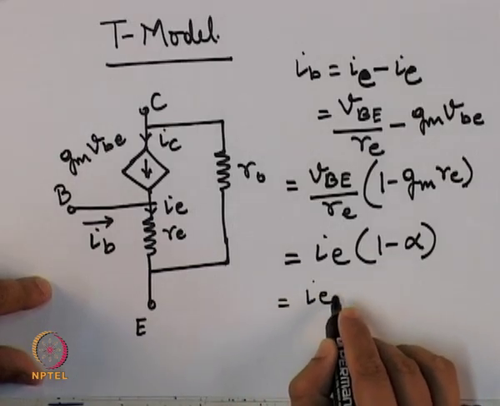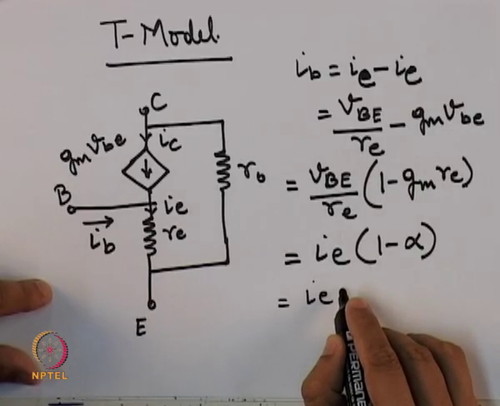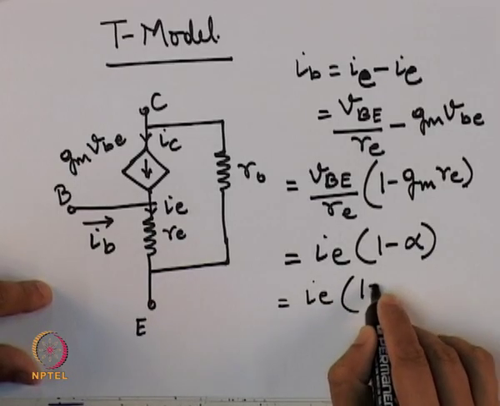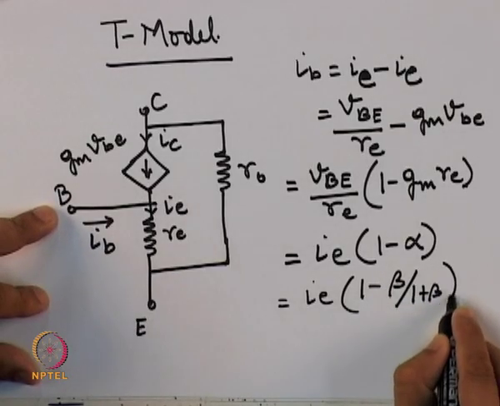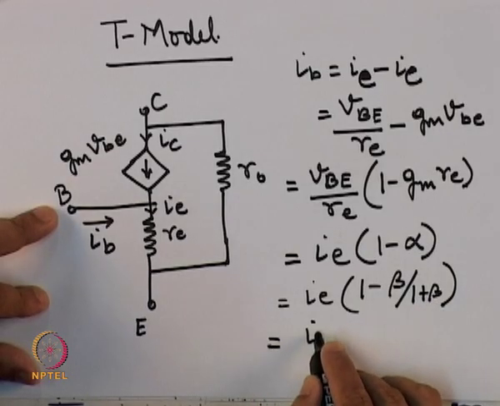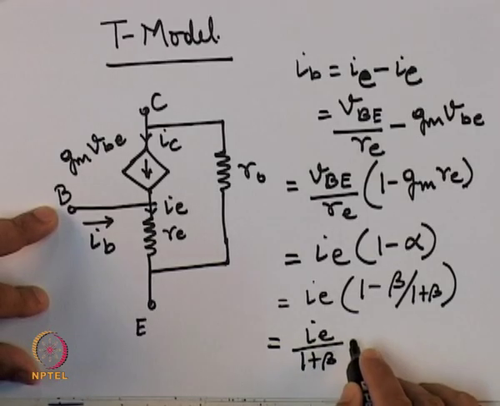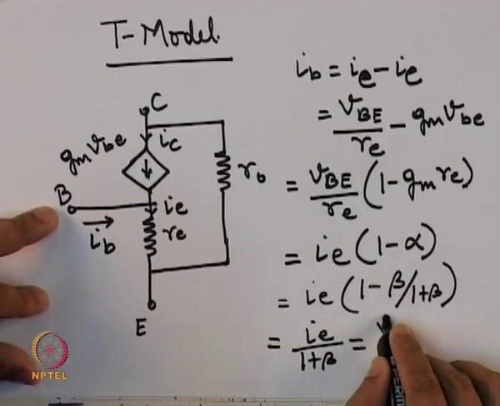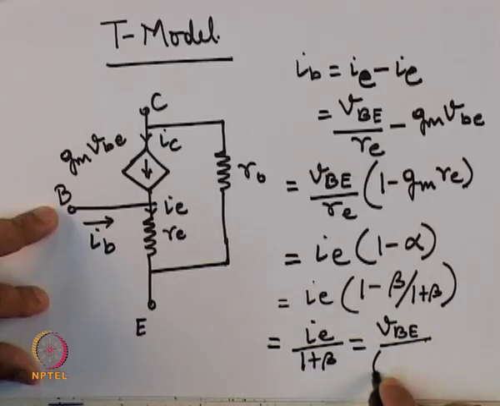which can be simplified to I e times 1 minus beta upon 1 plus beta, which is equal to I e upon 1 plus beta, and which is equal to V b e upon 1 plus beta times R e.